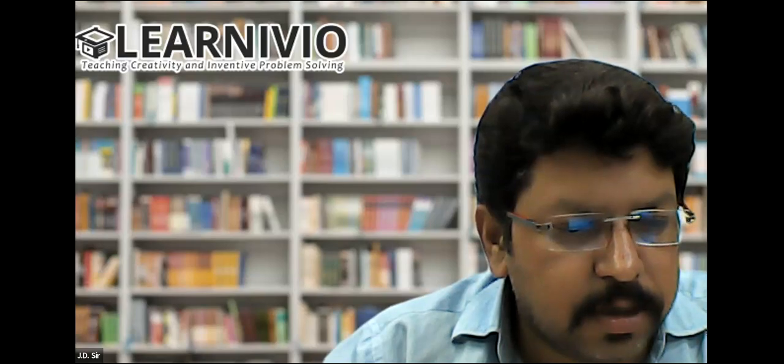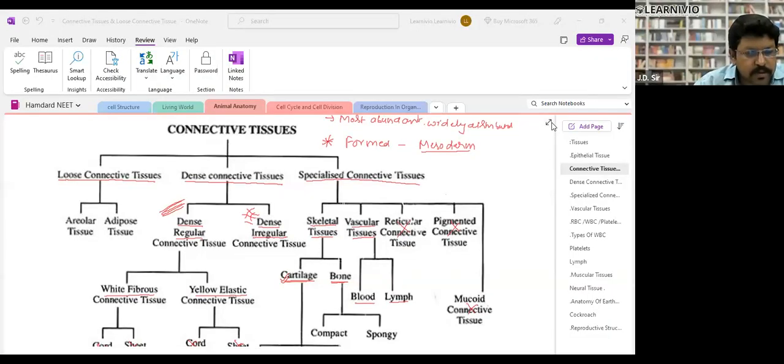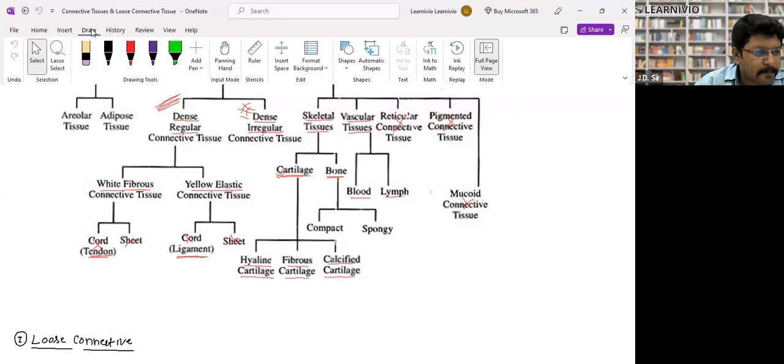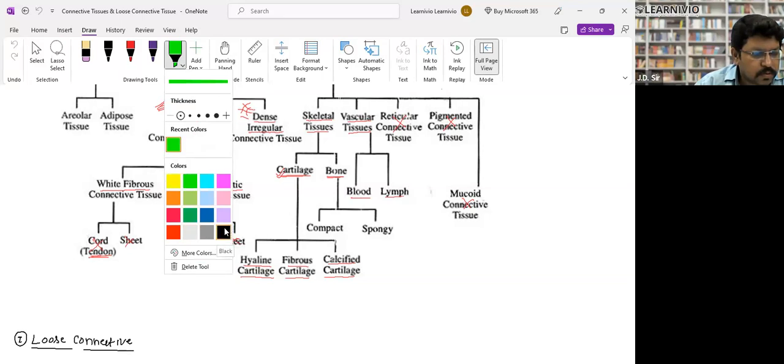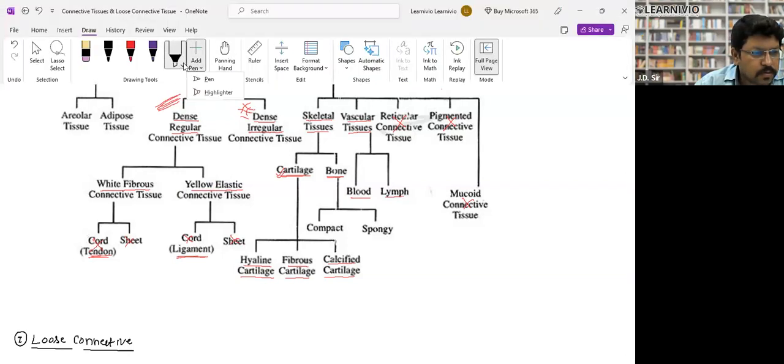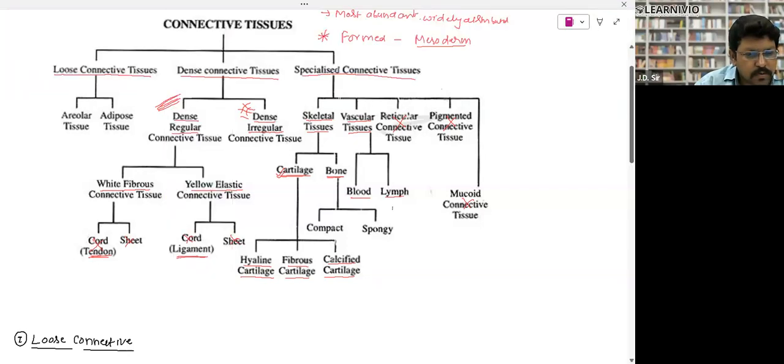This is a bit complex diagram, a lengthy classification, so we do not have to draw this one.